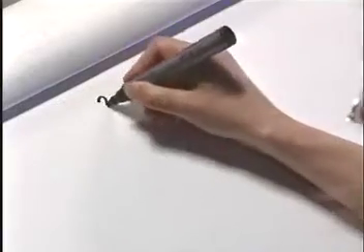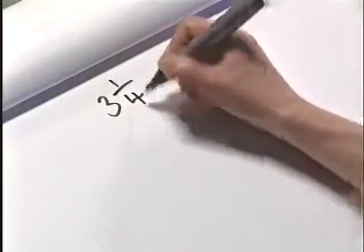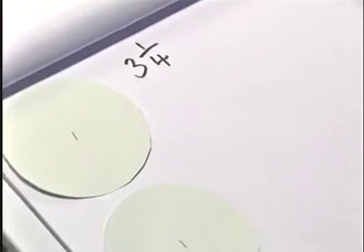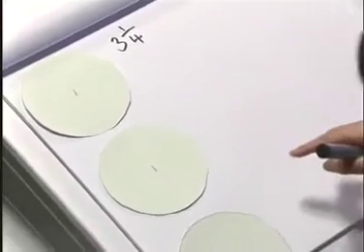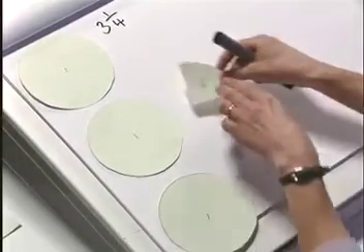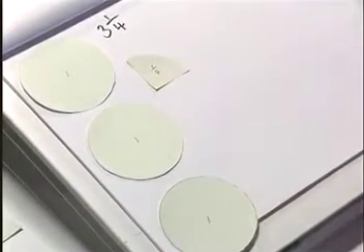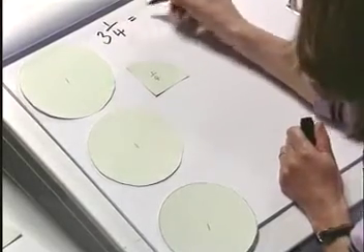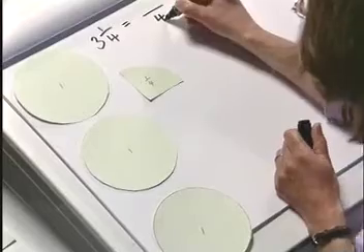Now, let's have a look at doing the reverse process. So if we start with a mixed fraction, how do we turn it into an improper fraction? Let's look at 3 1/4. If we look at this visually, we've got 3 whole ones and 1/4. And what we want to turn it into is all quarters.